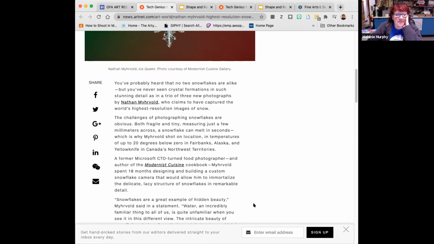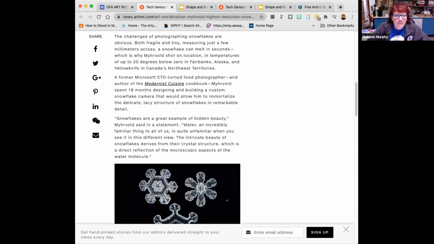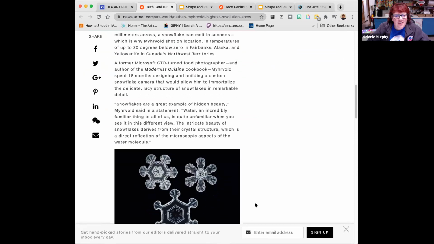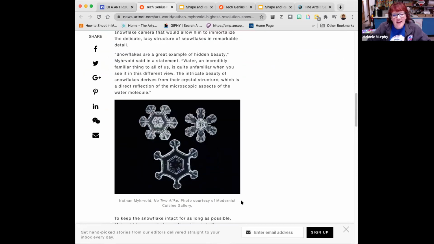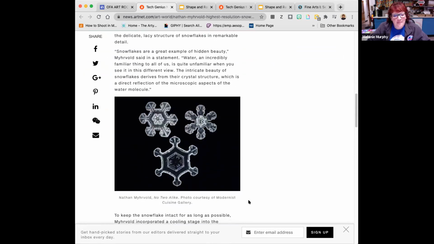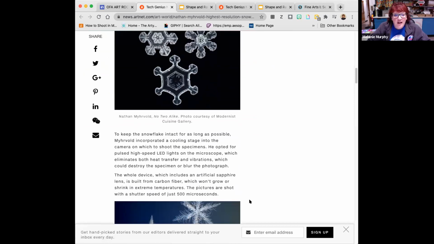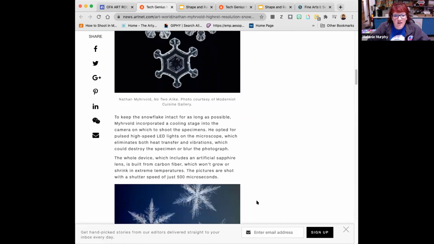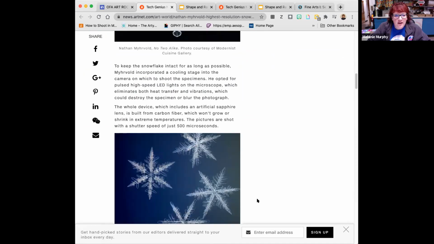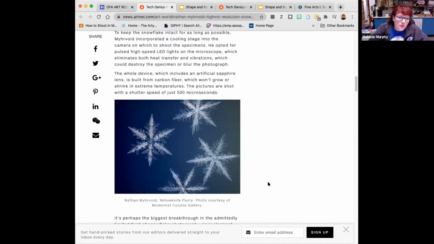So this article goes on to talk about how amazing they are as subjects, and then the things that this man did to capture them, which includes creating modifications to his camera and all kinds of things, and the speeds that he shot at, which were amazing.